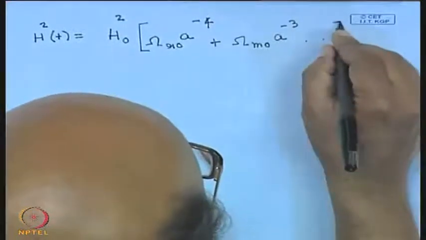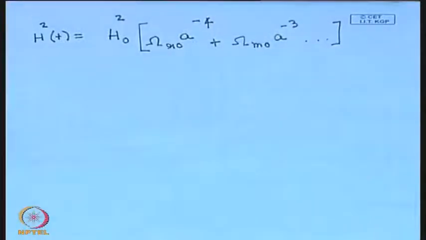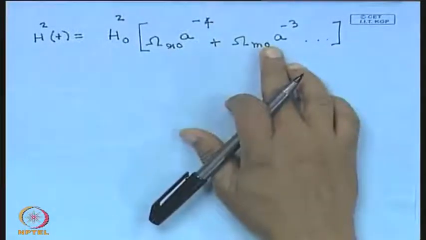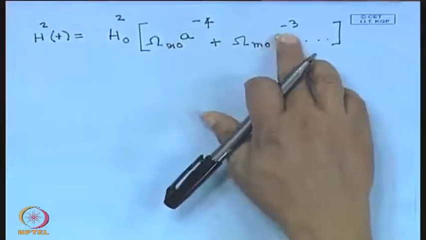So I could have curvature and cosmological constant, which will have larger powers of a.